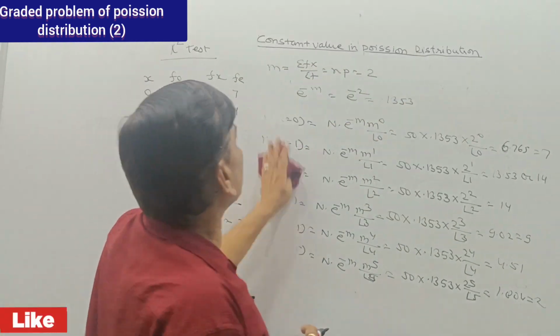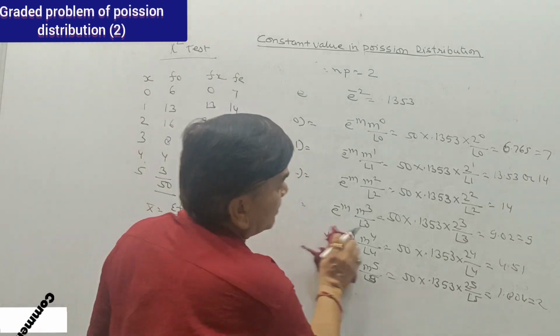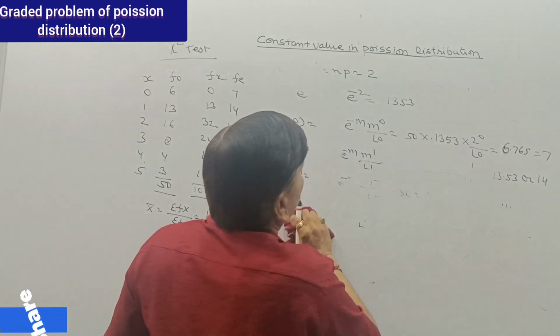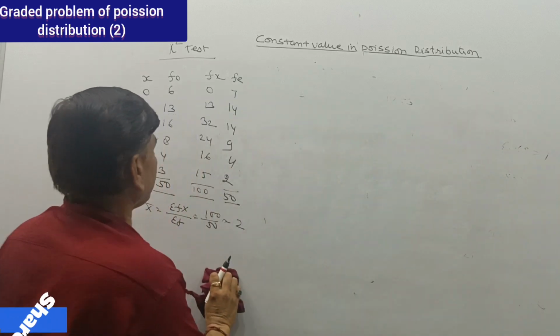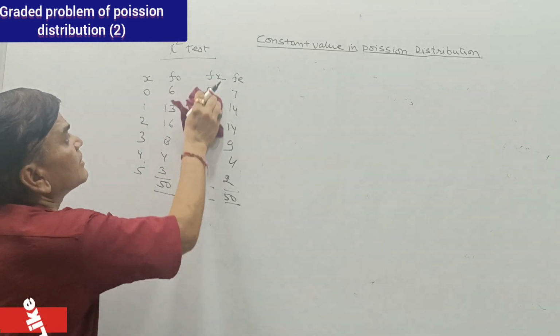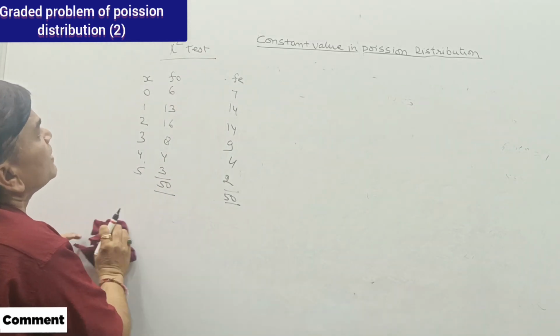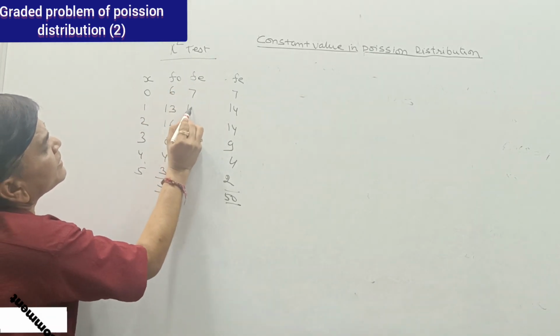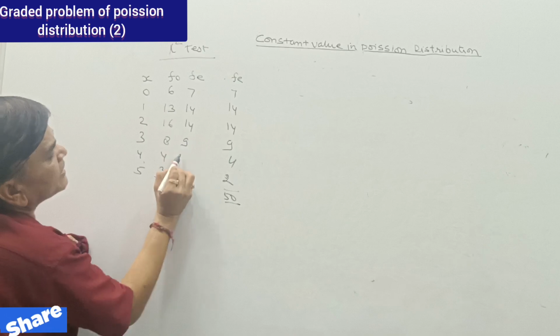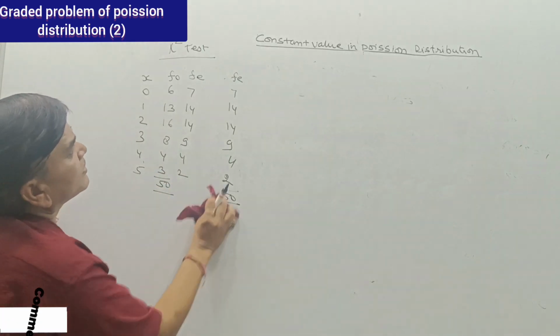Now with the chi-square test, we will check whether the original frequency is right or not. We require only the original data and the estimated data. That is 7, 14, 14, 9, 4, and 2.